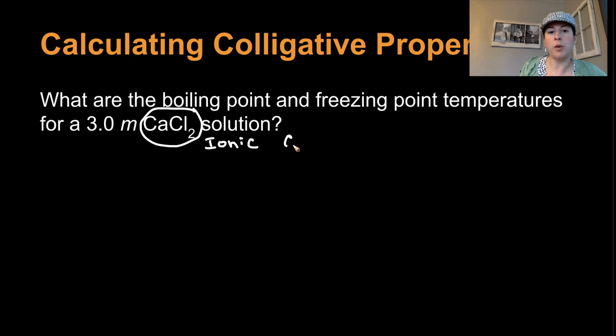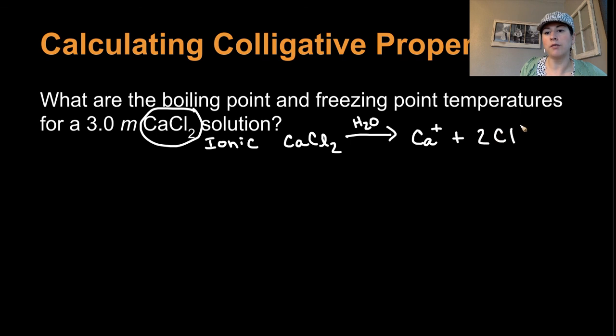And that means that when calcium chloride is put in with water, H2O, we end up with a calcium ion plus 2 chloride ions. So this is what happens in aqueous solution, which means P is going to be a total of 3 particles.